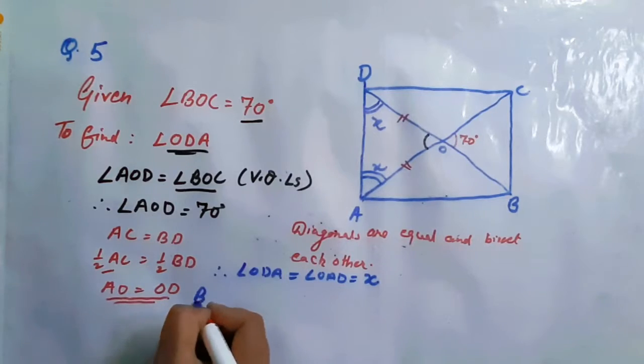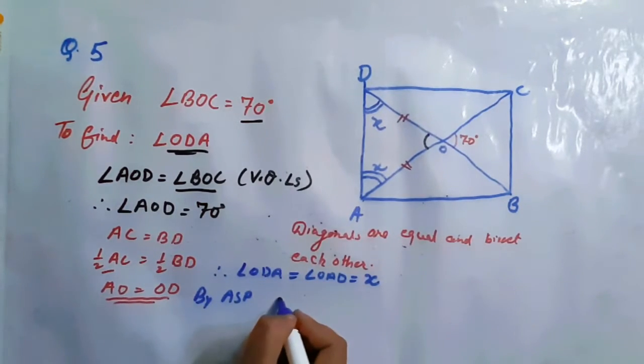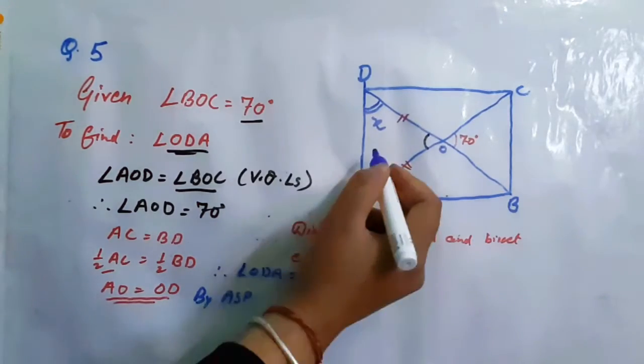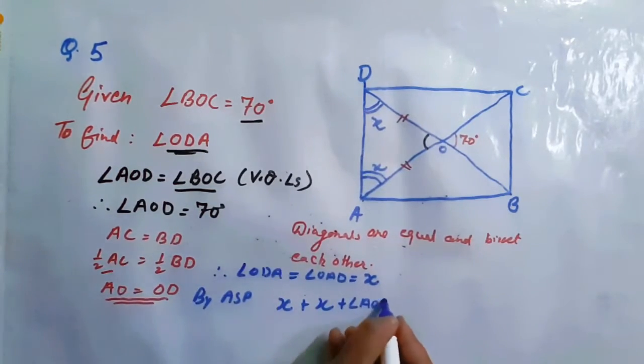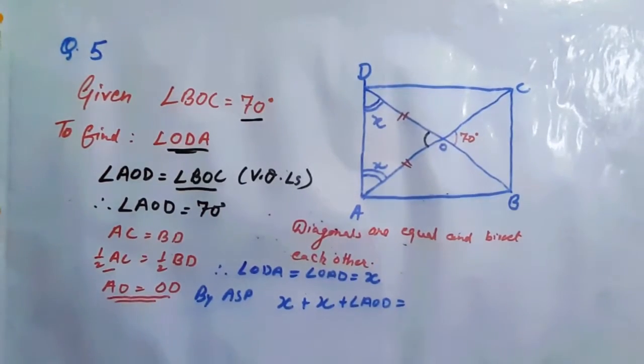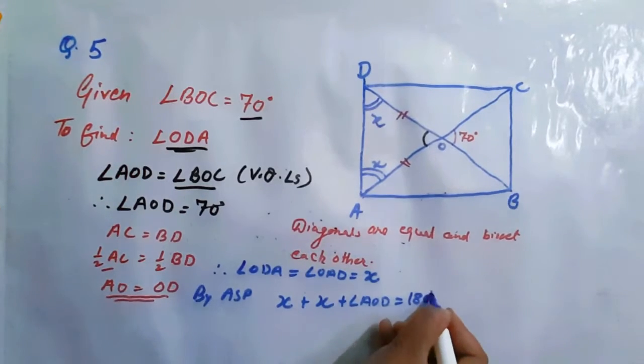Now, by angle sum property, angle x plus angle x, 2 times x we have, and third is angle AOD, and the sum of all angles of a triangle is always equal to 180 degrees.